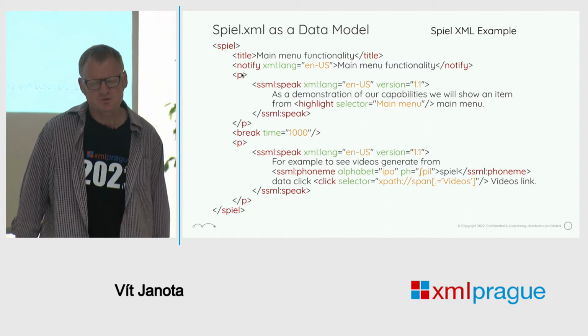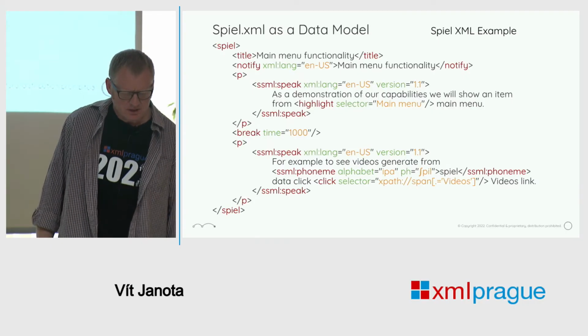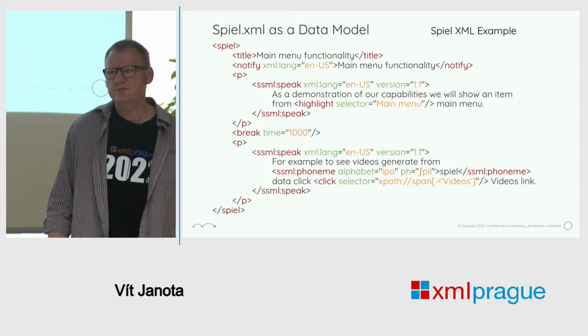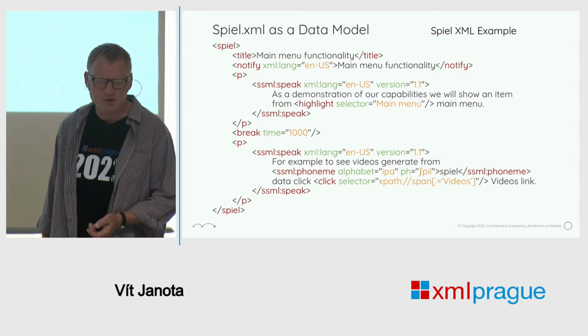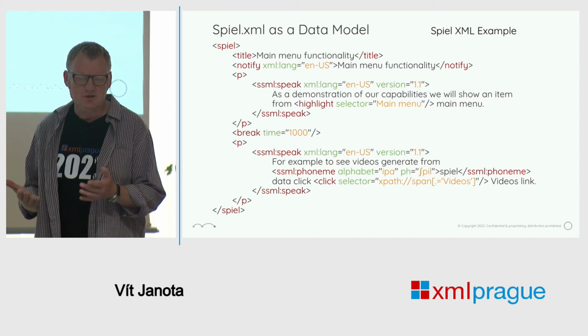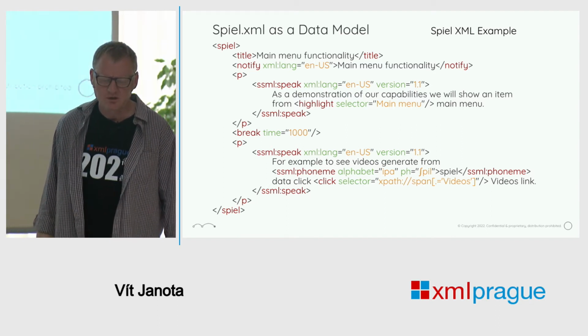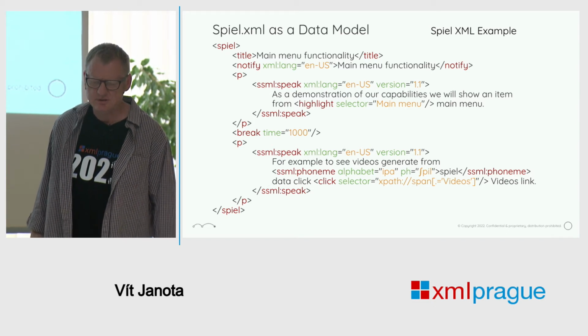These speak blocks, which we call PI paragraphs, are in fact only wrappers, and we use elements from a different namespace, SSML, which is speech synthesis markup language, which is a project for text to speech, because if we generate this video automatically, we also need to generate the audio automatically, and we want to use the full power of this project or this protocol.